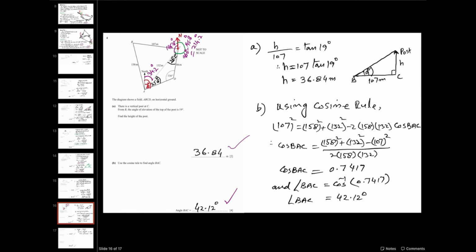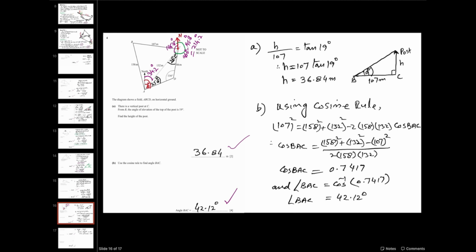In this figure, the height of the post is h and the distance from point B to point C is 107 meter. Angle of elevation is 19 degree. So I am using trigonometric ratios. Opposite upon adjacent is equal to tan theta.